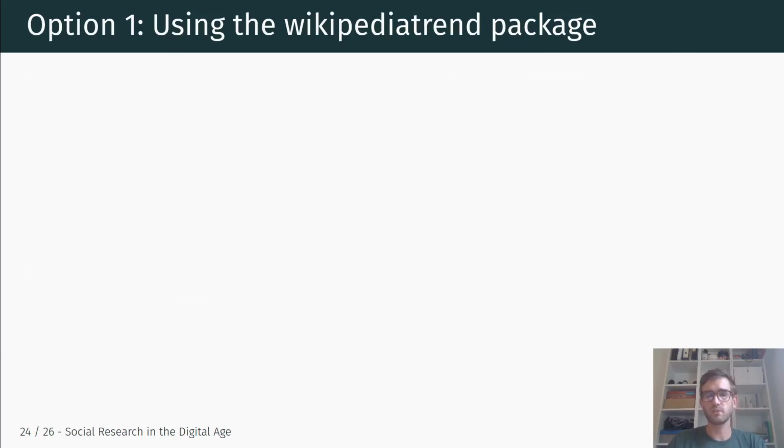One option that you have, that is kind of the easier option to get these data on Wikipedia traffic, is using the Wikipedia trend package that is available in R. And I'm not going to talk too much about that because I know some of you have already started exploring that package.